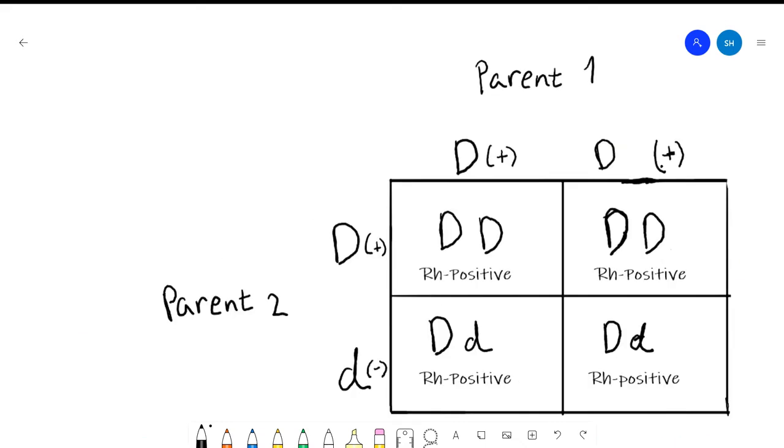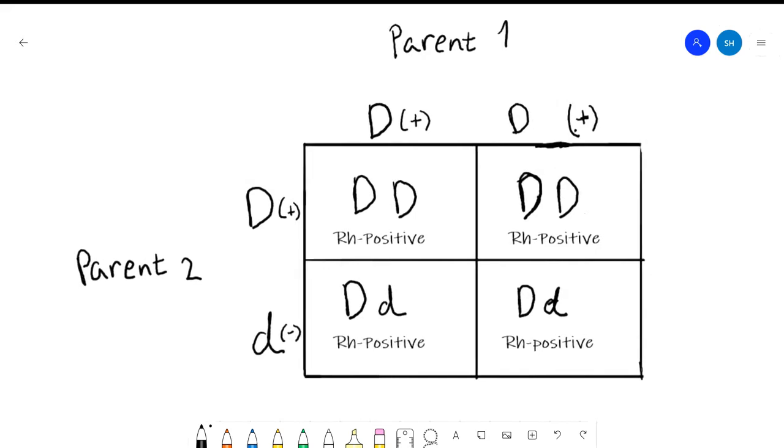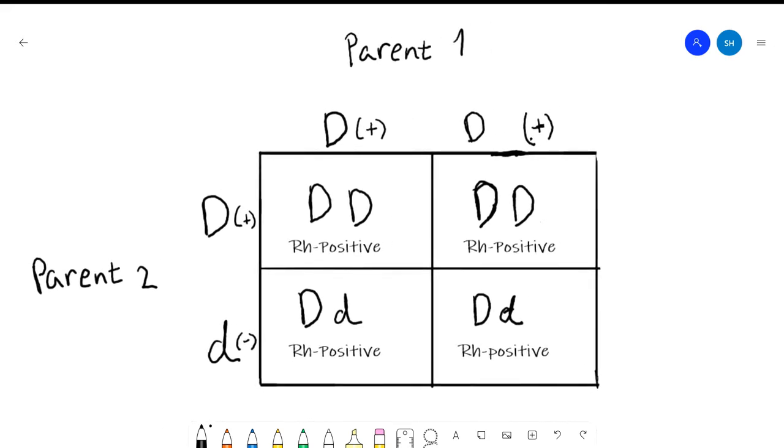So, here we have our third possibility. And in this case, both the parents have Rh positive. But if you notice, one of the parents carries a negative allele. And like I said before, if a person has both a positive and a negative allele, the dominant one will win.